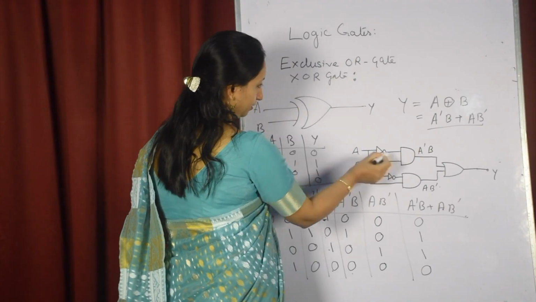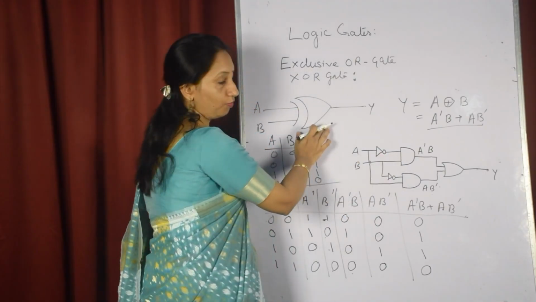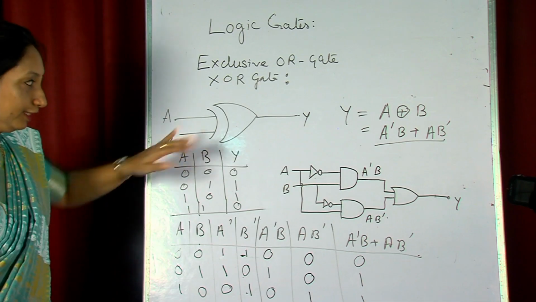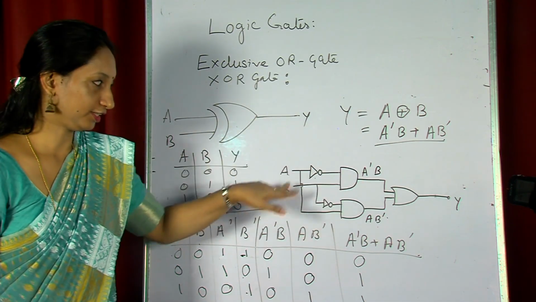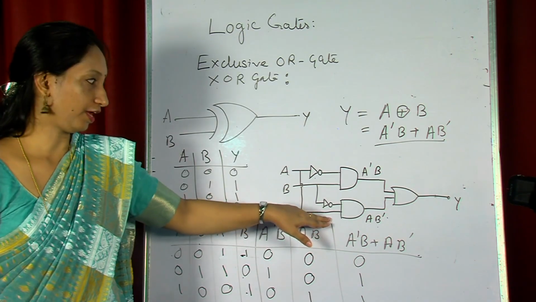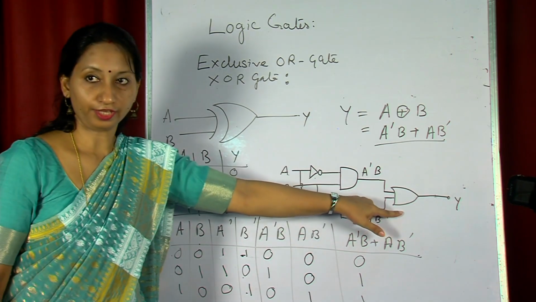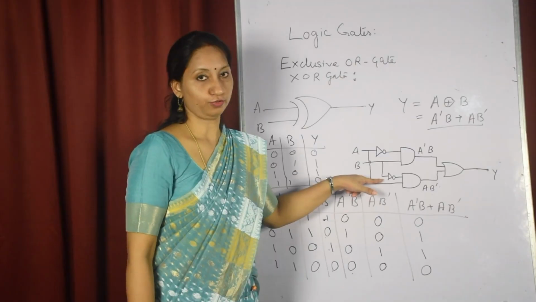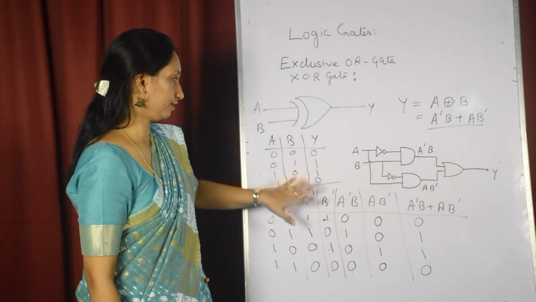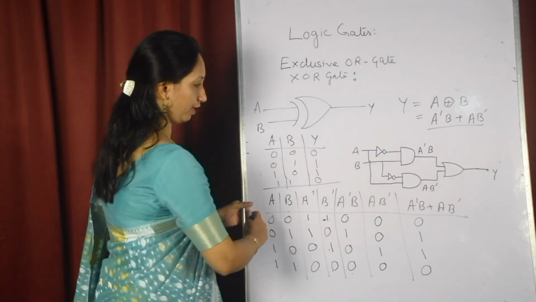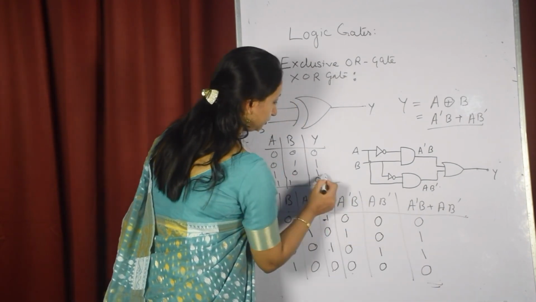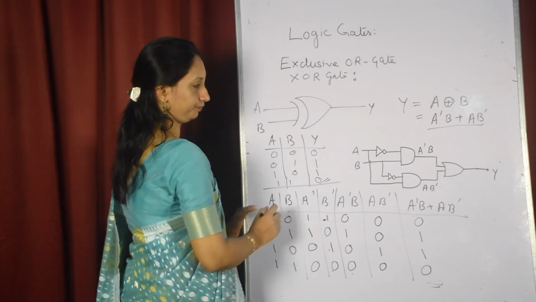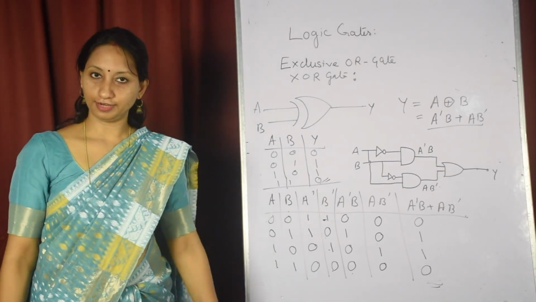So this diagram is equal to this symbol XOR. This XOR gate is also explained with the logic gate circuit, where 2 AND gates, 1 OR gate and 2 NOT gates are used. And from the truth table it is the same. So I think it is clear now.